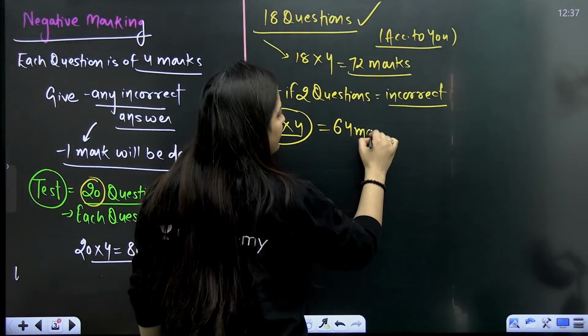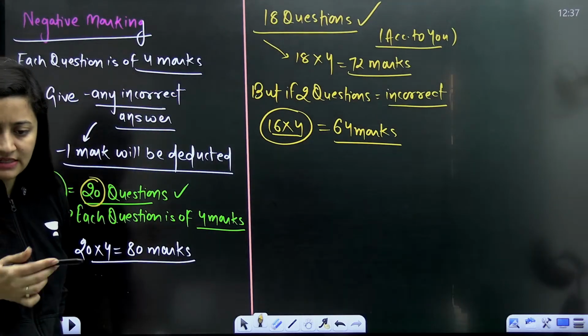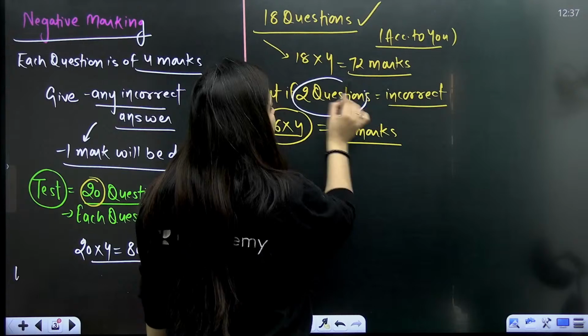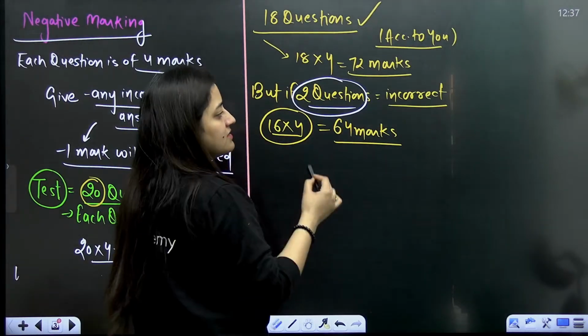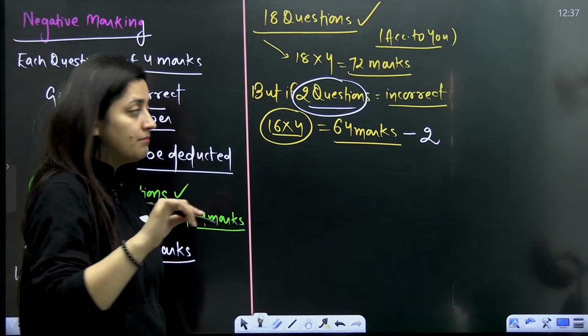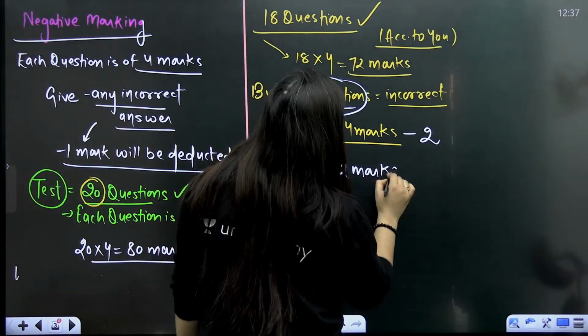Instead of 72 marks, you will just get 64 marks. But basically here you marked 2 answers incorrectly, so there will be the negative marking of -2. So you will get 62 marks.